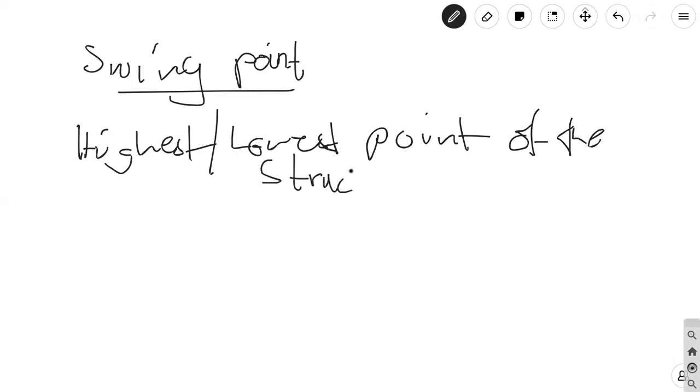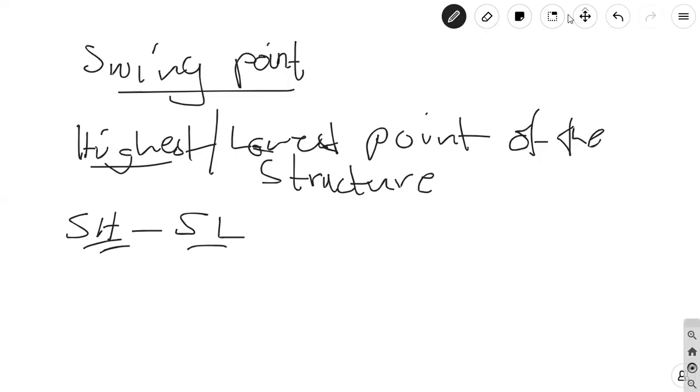Now, excuse my handwriting here. Okay, good. The highest point and the lowest point of a structure is what we call a swing point. The highest point we call a swing high, and the lowest point we call a swing low. So these are the swing points.